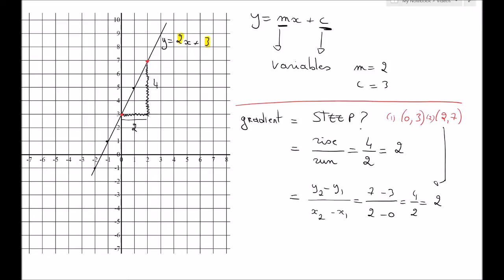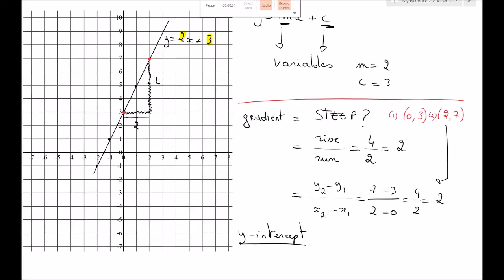Okay? Now, the second thing that we can also find is the y-intercept. The y-intercept is even easier, guys, because you just have to look at your graph. That's it. You're going to look for the place or the coordinate where the line hits the y-axis.